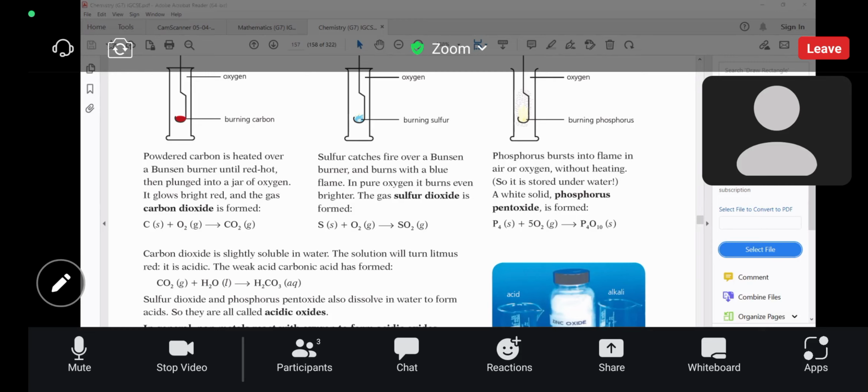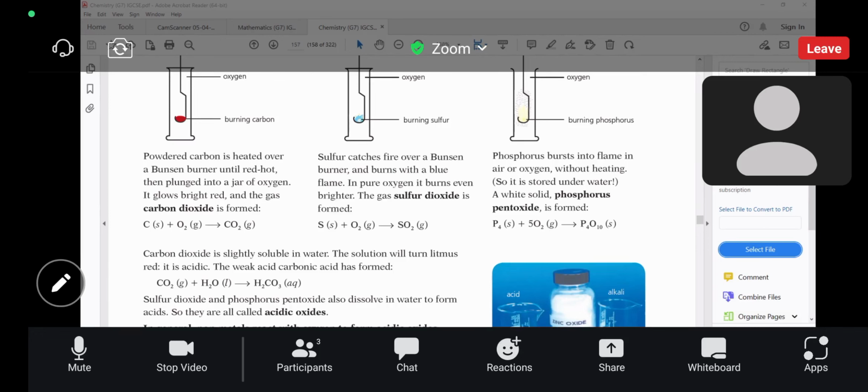Acidic oxides are the oxides that produce acidic solutions. So this is the definition.